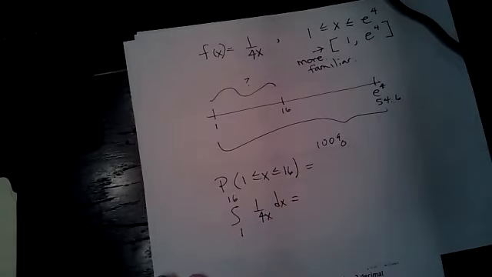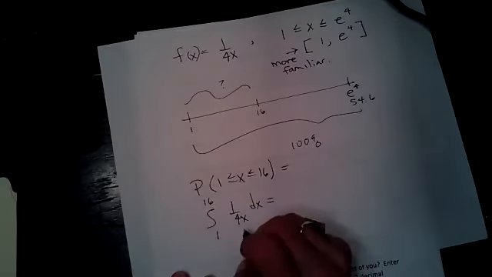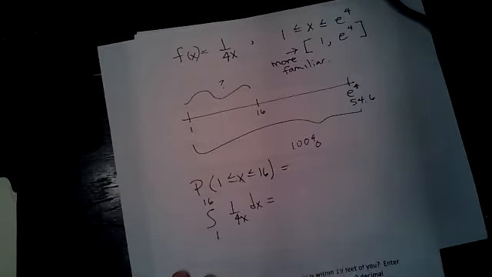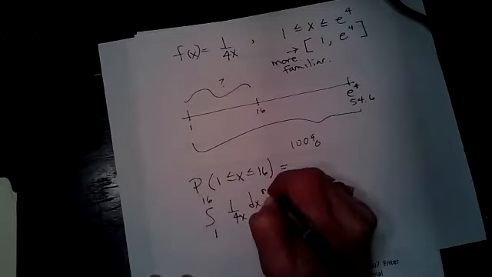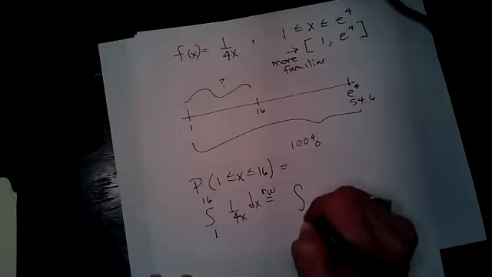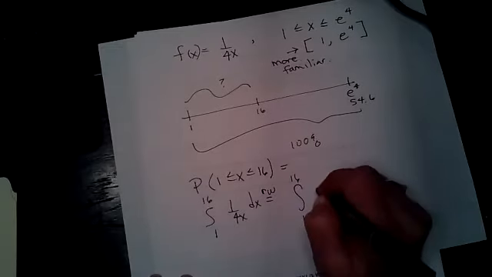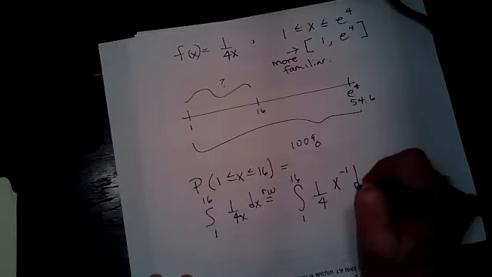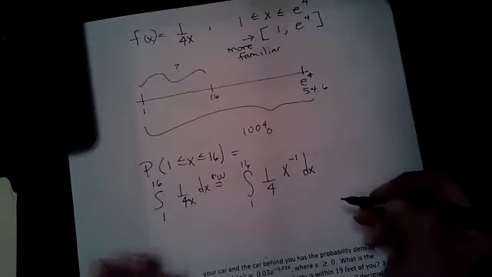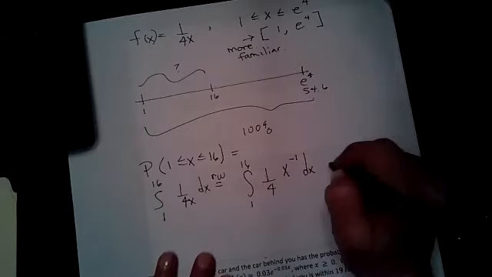So we're just setting up the definite integral just like we did for area. Remember, I do not bring up the 4. That's the biggest mistake, is the rewrite. So that's the integral from 1 to 16 of 1 over 4 x to the negative 1. And we're just using my 6.1 rules here.